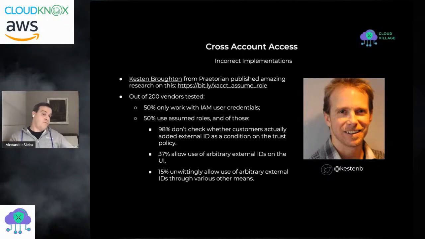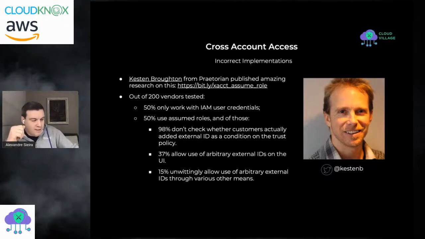And of those 50% or 100 vendors that did use the assume role way of getting access to customer accounts, 98% of them, so just 2 vendors did this right. So 98% of them got this wrong. Actually did that second check to see if the assume role failed if they didn't provide the external ID.